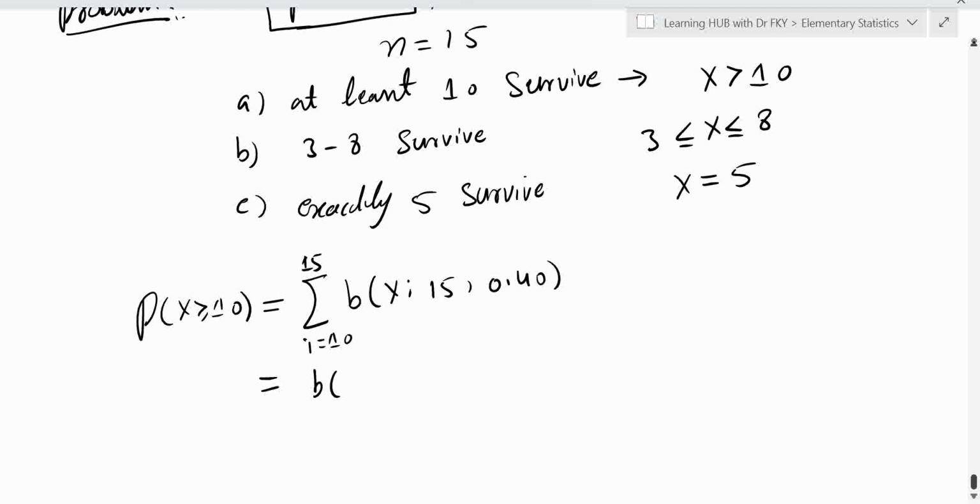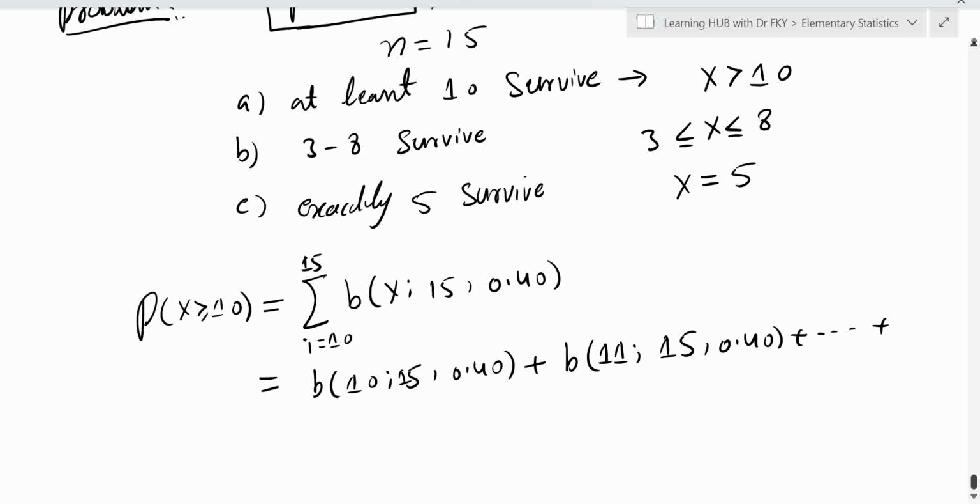The first value can be 10, because we need to put x equal to 10, n 15, 0.40, plus the second value as x is equal to 11, now 15 is n and 0.40. The last value will be x equal to 15, n is also 15 and p is 0.40.